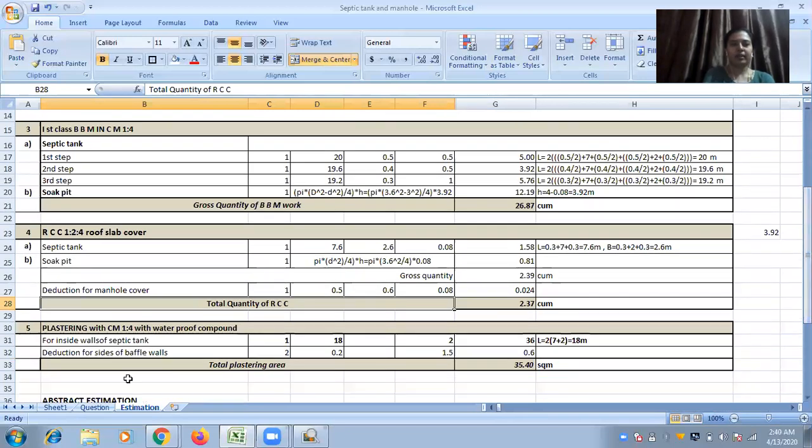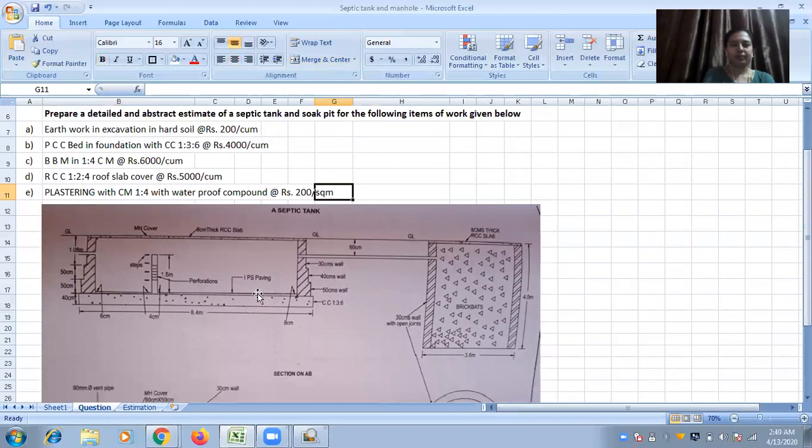And remember, in case of septic tank, only inside walls will be plastered. No outside wall will be plastered. And also for the soak pit, there is no requirement of plastering. Only brickwork will be left as it is.